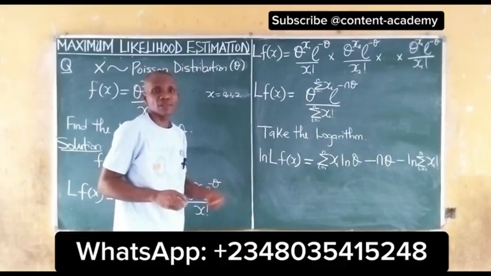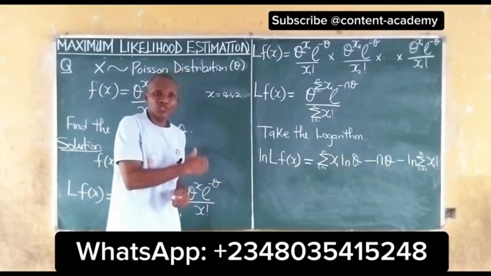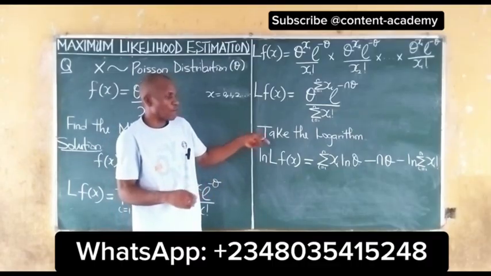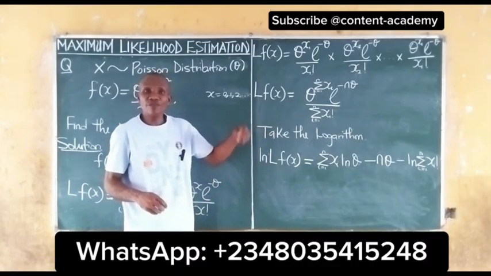So this is what we get for the Poisson distribution if we take the logarithm of the likelihood function.